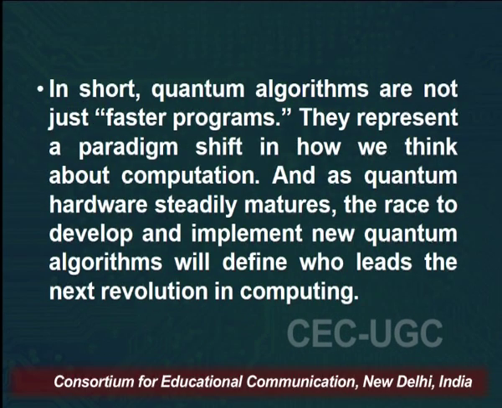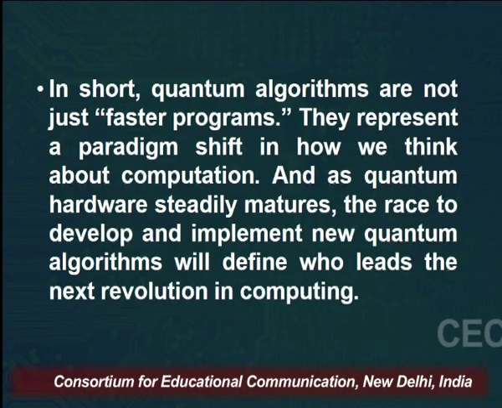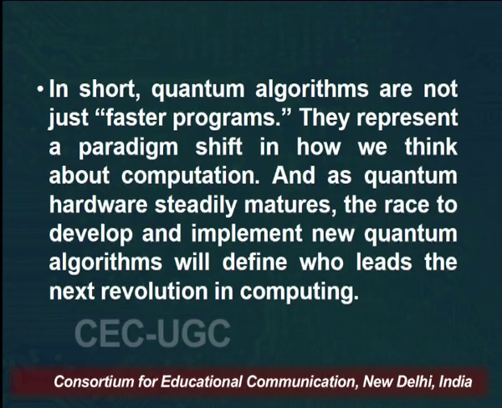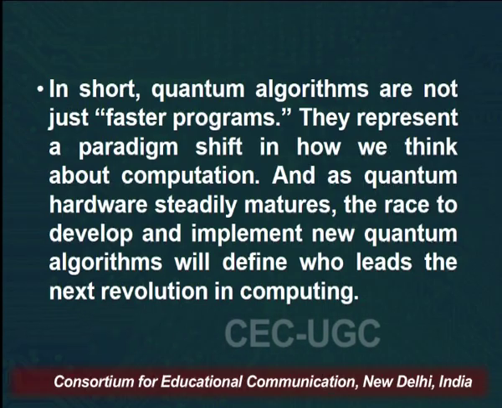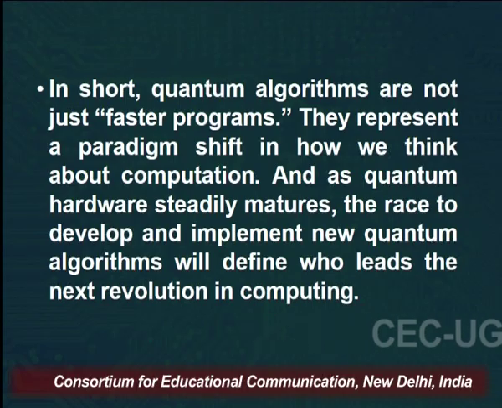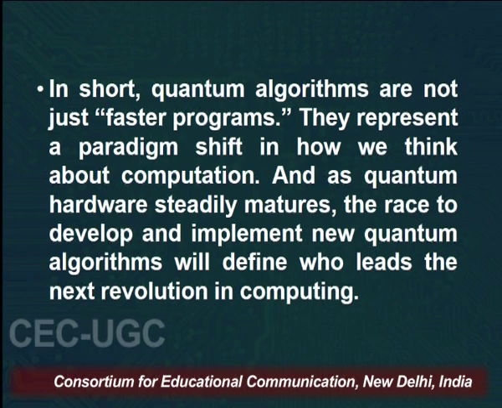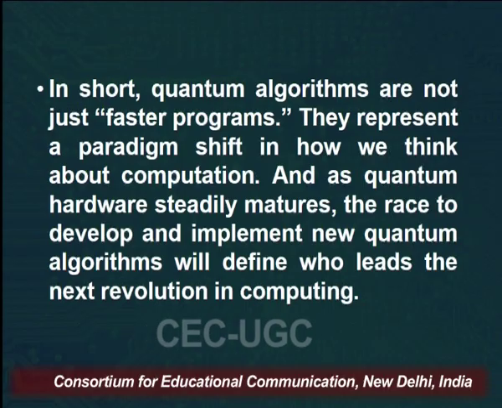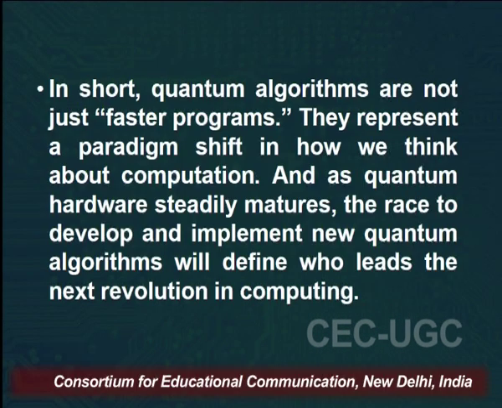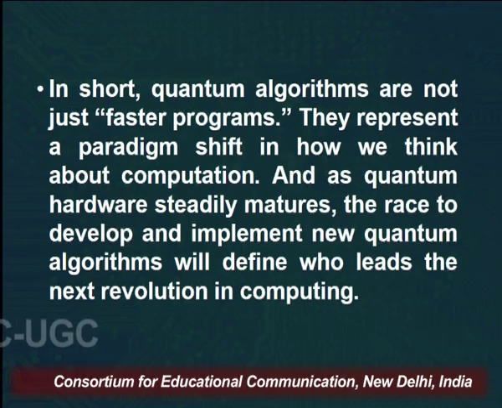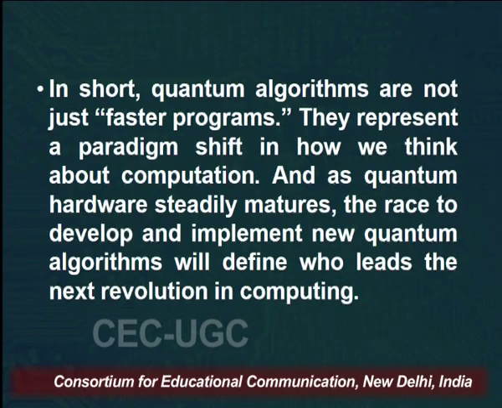So in short, quantum algorithms are not just faster programs, they represent a paradigm shift in how we think about computation, and as the computation hardware steadily matures, the race to develop and implement new quantum algorithms will define the new revolution in computing.